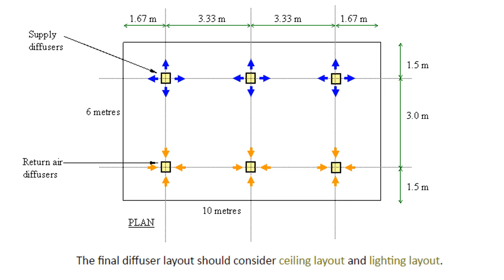All right. So this is the diffuser layout. Based on how many diffusers you choose, then you will have your diffuser layout. And this diffuser layout should consider the ceiling layout and also the lighting layout. We do not want a diffuser to coincide with a light. So you really have to know where the light is, and avoid the space for lights being taken by diffusers.